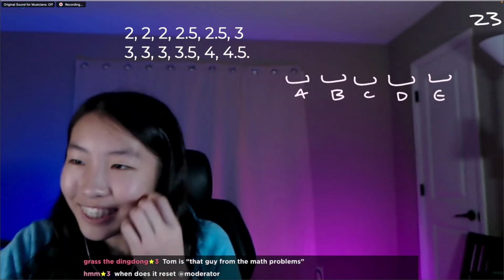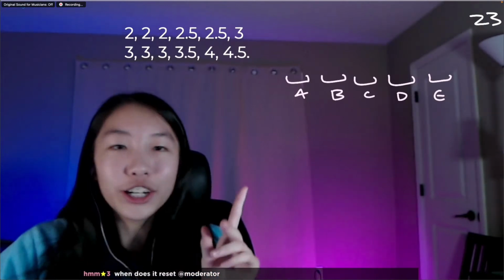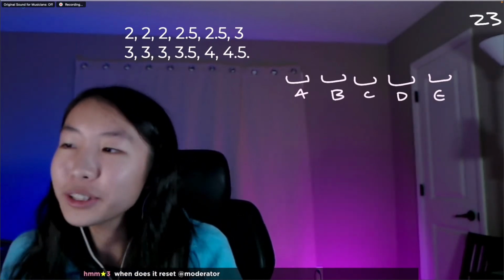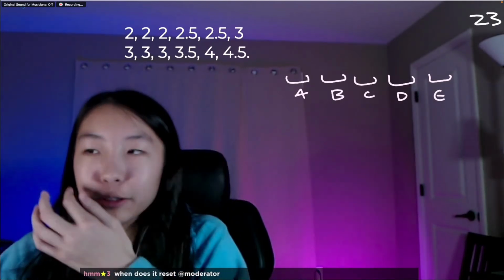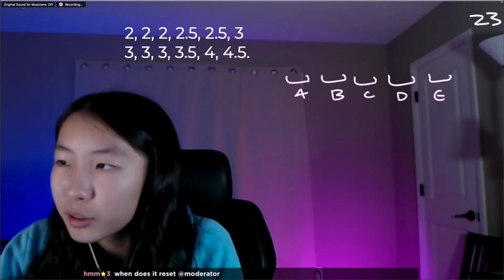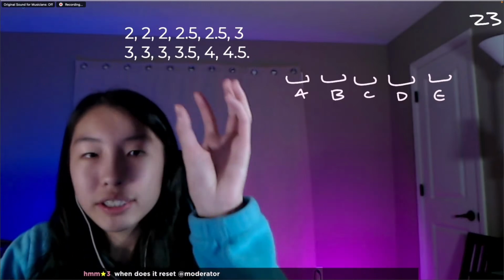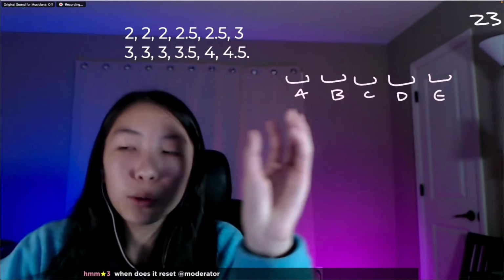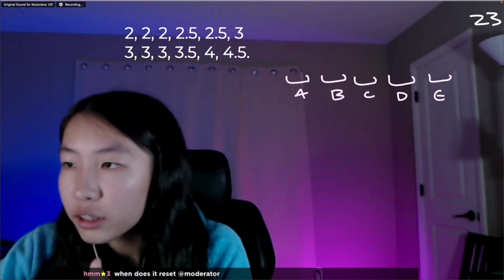All right, guys, let's try to focus on this problem a little bit more, and then we can talk about that later. But what are we going to do about these slips? Can we sum them up? How is that going to help us if we do that? Because what we do know is that all of these slips are going to go here somewhere. It's going to be here in some order, but they're all going to get in there.